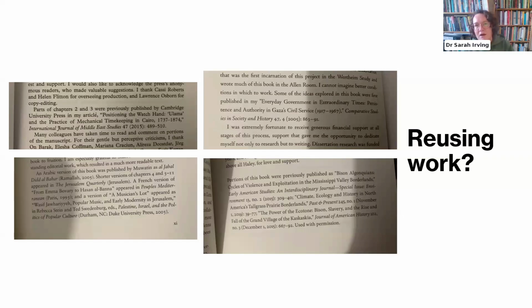It is pretty standard practice in academic publishing for academic books, especially early ones, to include sections that have been published as journal articles.